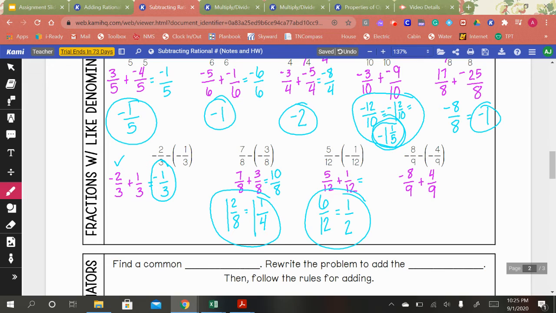I have -8/9 plus +4/9. -8 plus 4 have opposite signs, so we will be subtracting, and 8 minus 4 is 4 over 9. And then it needs a negative. 4 and 9 have no common factors, so it's going to stay -4/9, and it cannot be simplified.